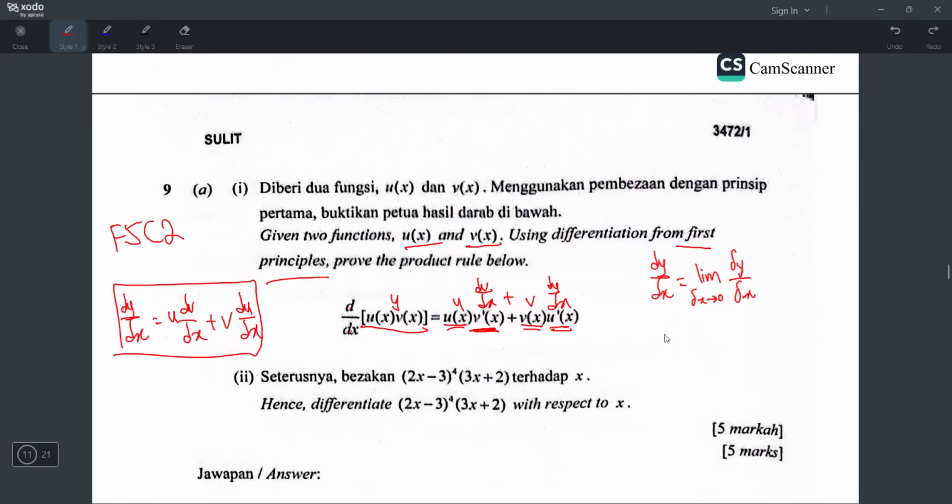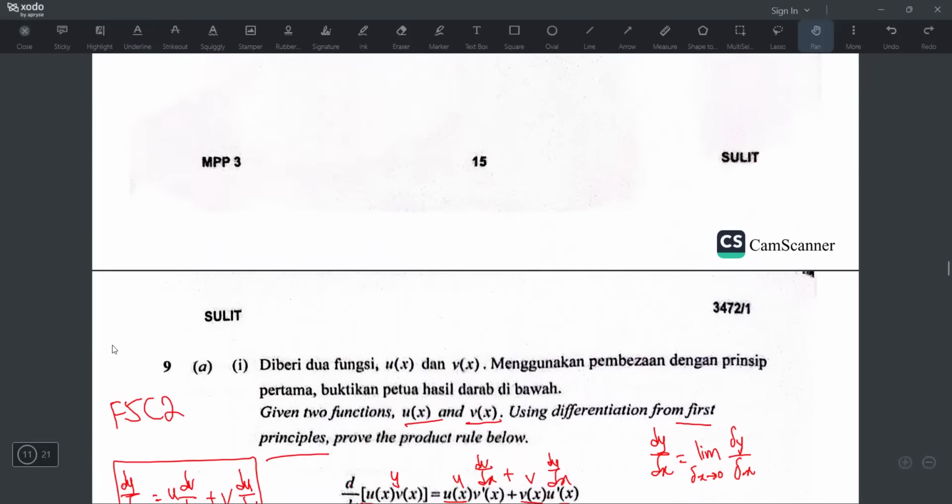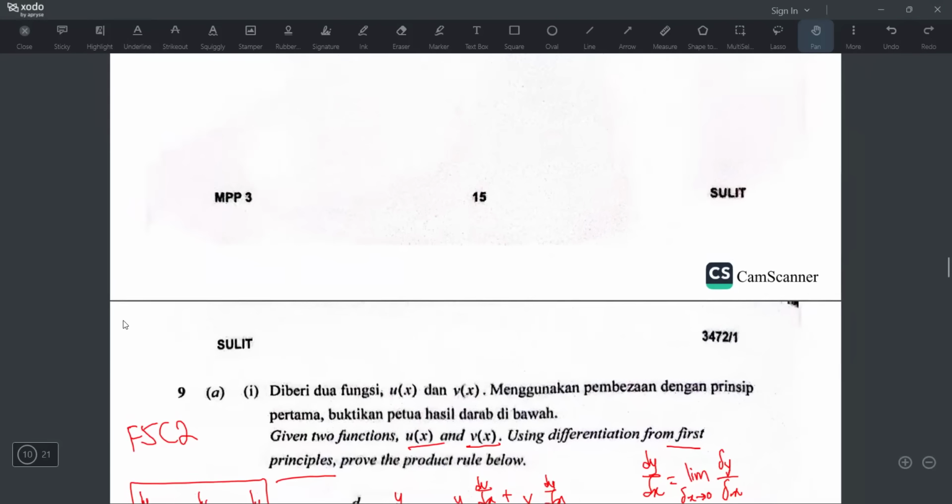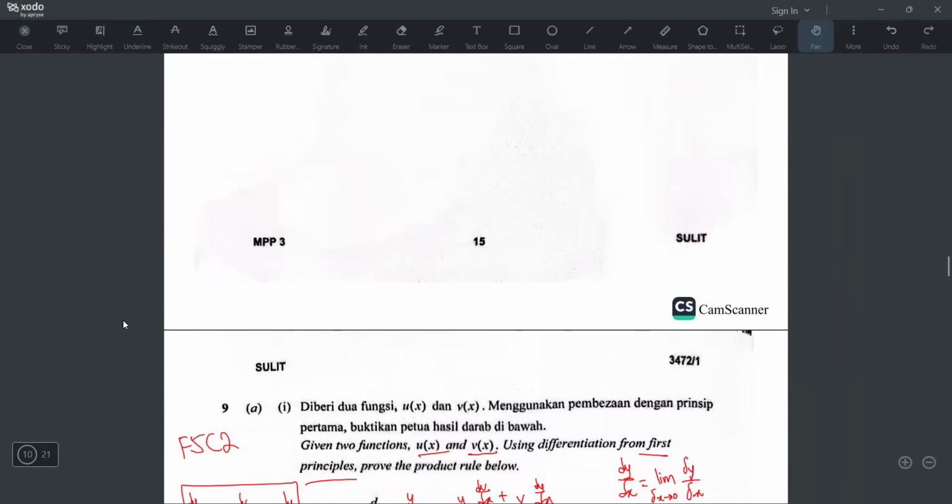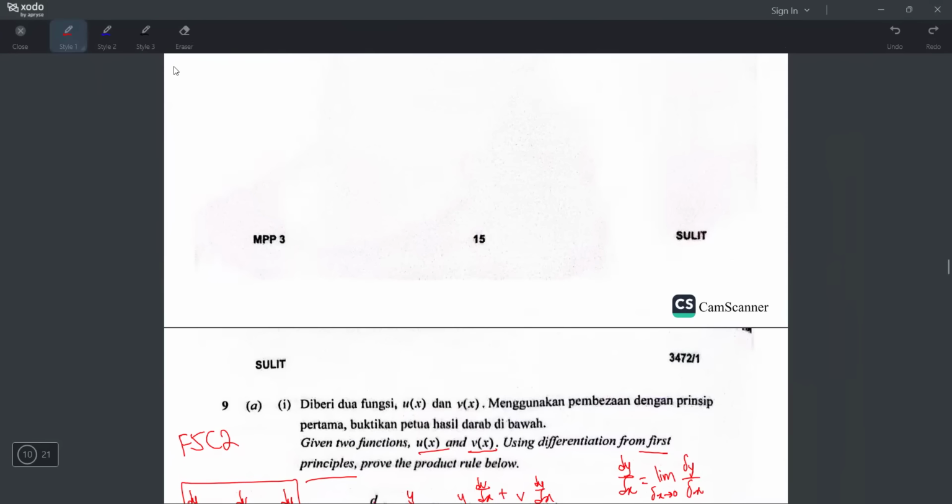So can you tell me du/dx equals what? I should write it up already. I make it smaller. So du/dx equals the limit as delta x approaches 0 of delta u over delta x.